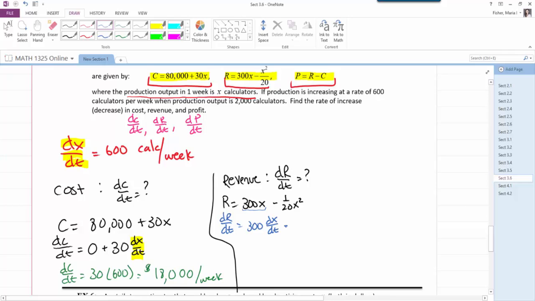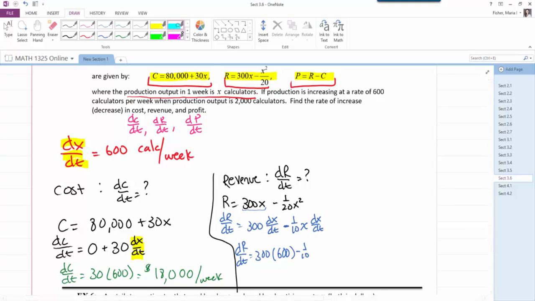The derivative of 1/20 x squared, if I multiply the 2 there, 2 over 20 reduces to 1/10 x, and I just took the derivative of an x term with respect to time. Then I have enough information to solve for dr/dt. So I say 300 times dx/dt, which is 600, minus 1/10 x.